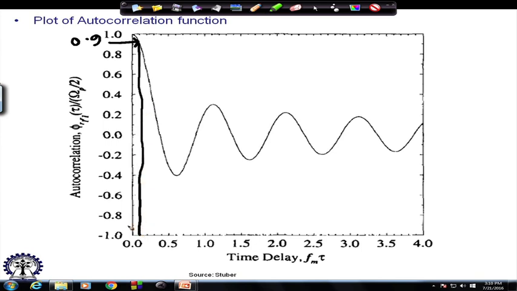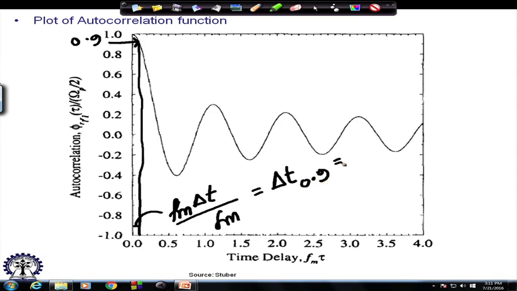This much duration of f_m delta t corresponds to that argument which would lead to 0.9 correlation. Now, if I divide this by f_m, what I am left with is delta t. So the delta t at which the correlation coefficient is 0.9 is known as the 90% coherence time.